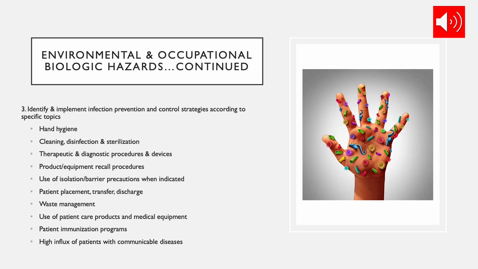The third thing we need to do is identify and implement infection prevention and control strategies according to specific topics. There are a lot of different ways that we need to control infection or prevent the spread of infection, but we need to categorize it so that it's not just a bunch of information thrown at staff members.